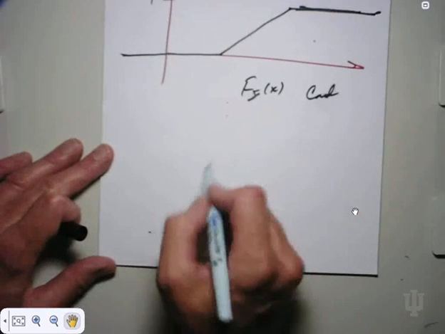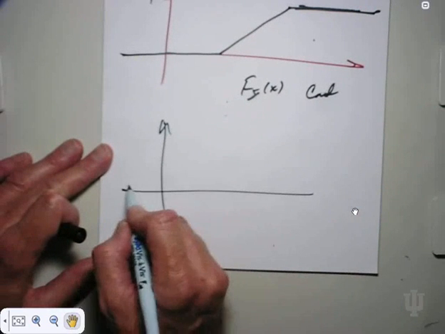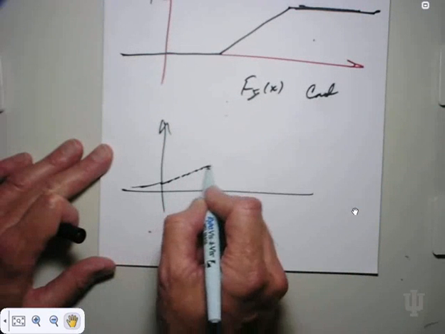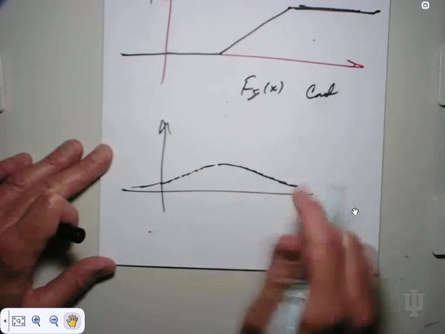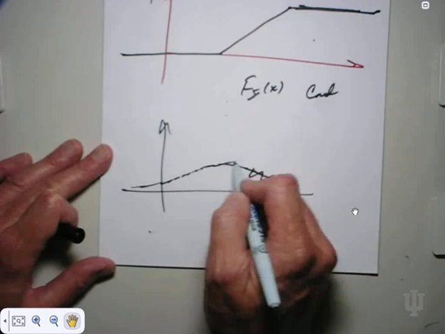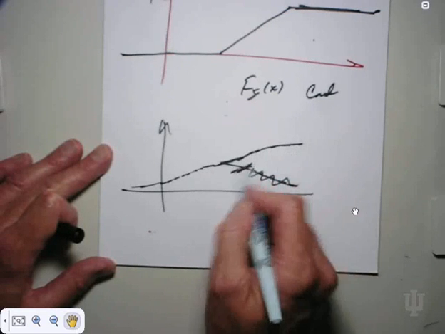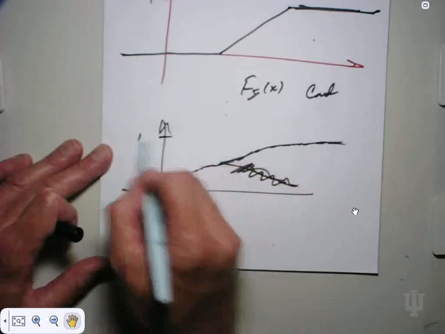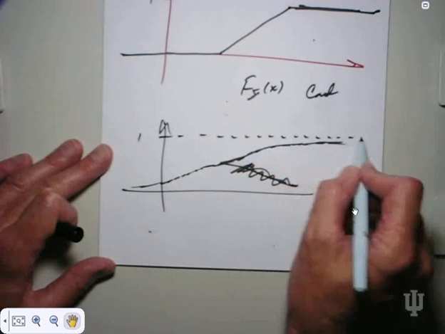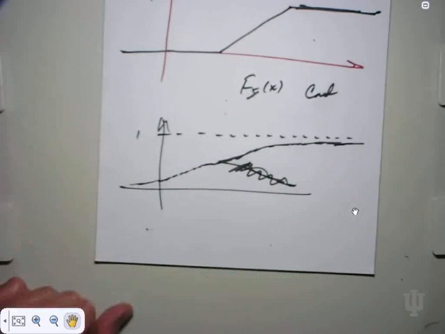Another example could be something that looks like this. Oh, sorry, that's not right. That can't happen. Can't drop. And you've got this 1 here, and it never reaches 1. That's a possibility as well.